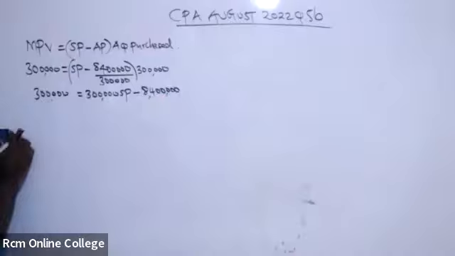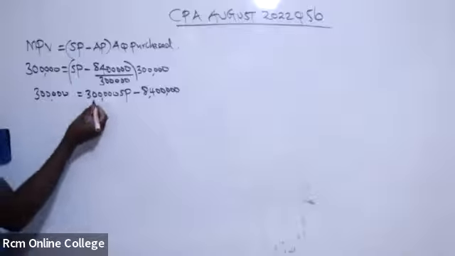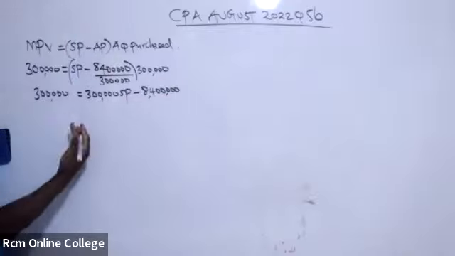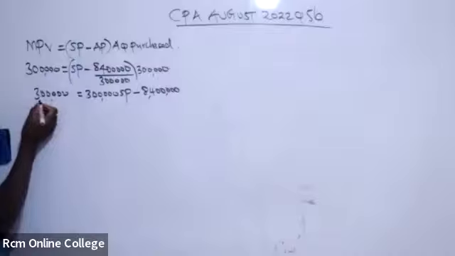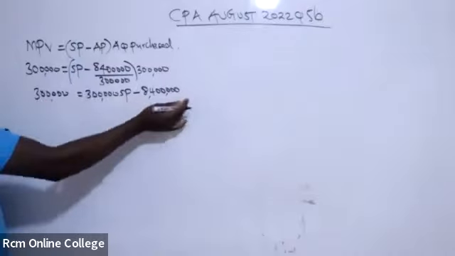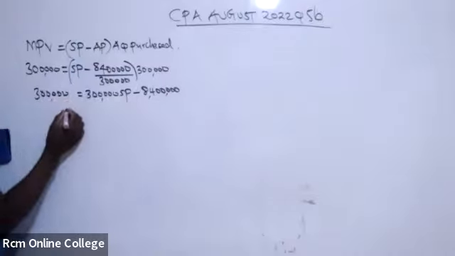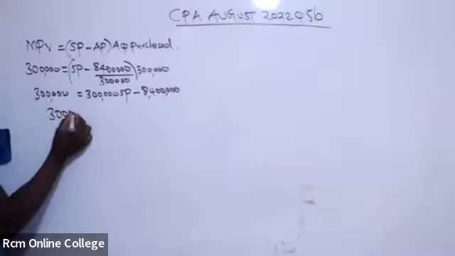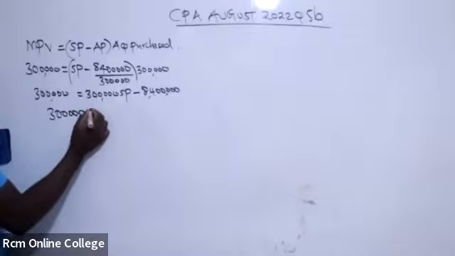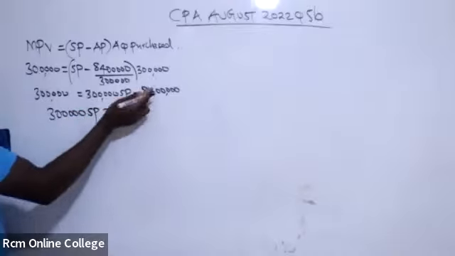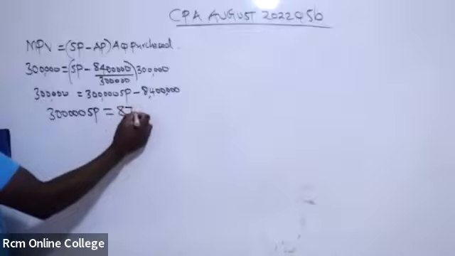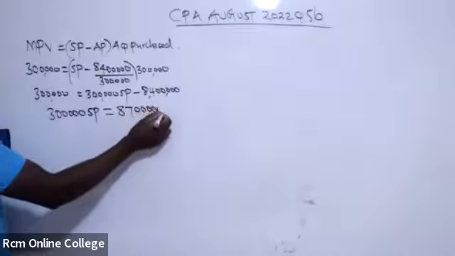8,400,000. Good. So having done that, can you collect the right terms? This will cause the equal sign to be a plus. So we'll get 8,400,000 plus 10,000. That will be equal to 300,000 standard price, which is equal to 8,700,000.